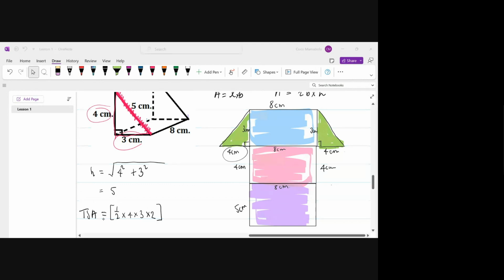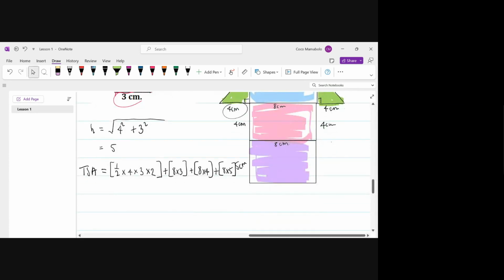Okay, and then to that, we're going to add the rectangle of each side, plus 8 times 3, first triangle, plus second triangle, 8 times 4, plus third triangle, 8 by 5. Okay, and then we add all of those together, and we can do that in a calculator.